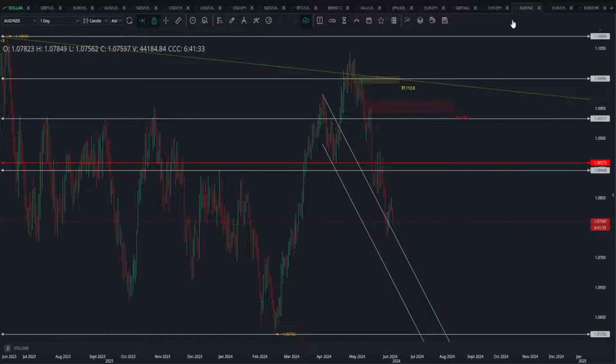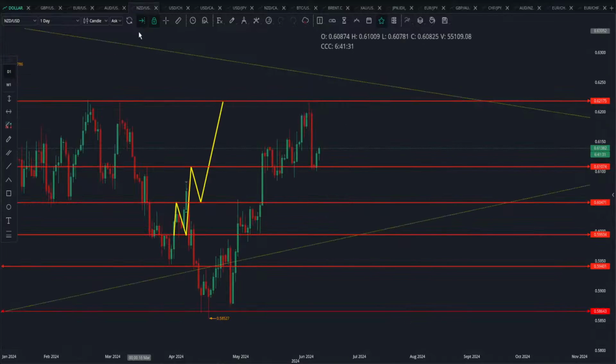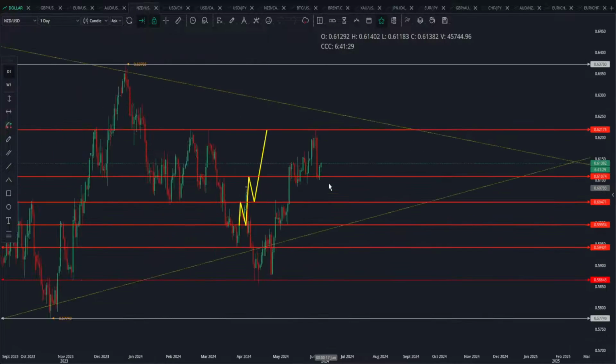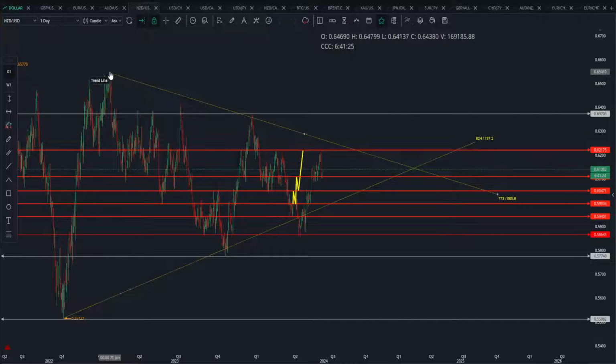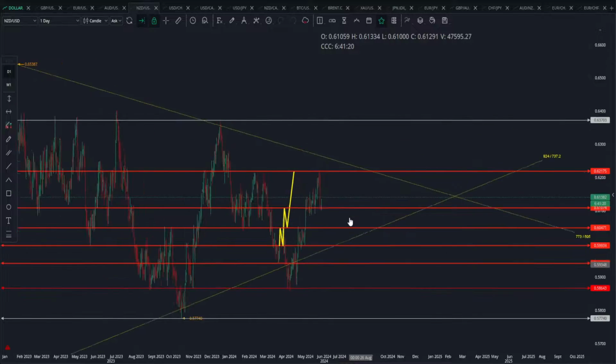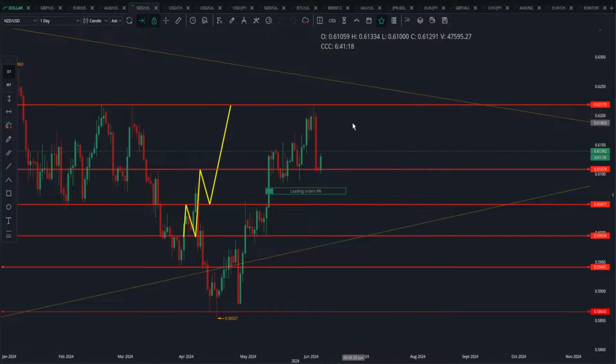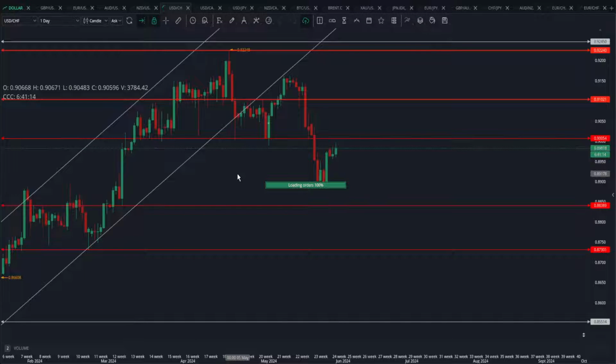See, I'm relating these two pairs here, okay? So I'm expecting New Zealand dollar to be very bullish in the coming days and maybe even break out from this long-term symmetrical triangle. All right, the first target being 0.6217.